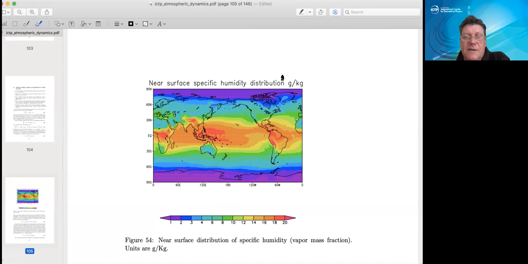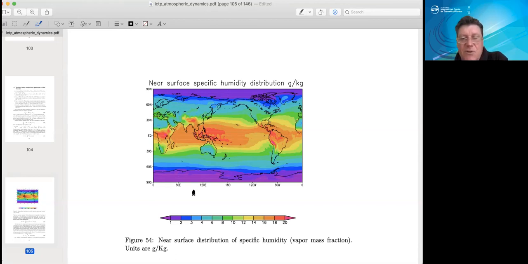Here the numbers are in grams per kilogram, in order to make the numbers nicer, otherwise you would have 0.0 something. If you draw this quantity that way, you get numbers in the order of 1 to 20 maybe, as we see here.